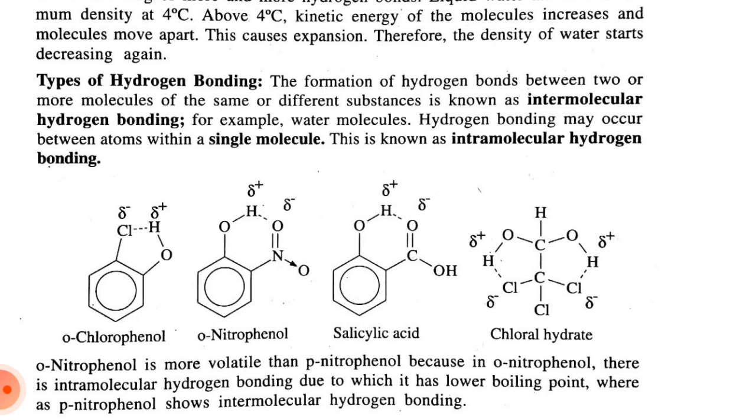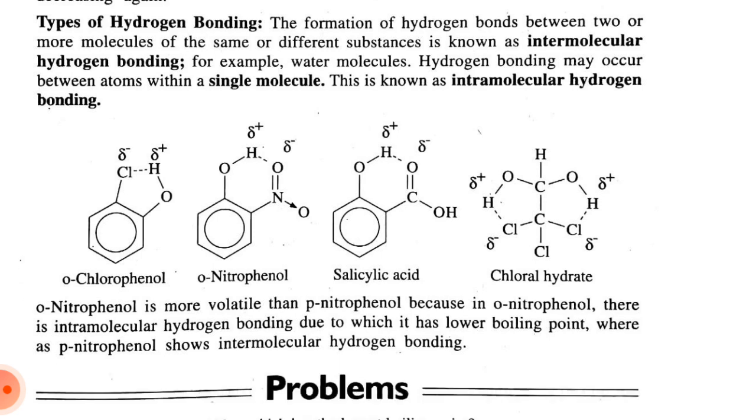Examples: o-chlorophenol, o-nitrophenol, salicylic acid, chloral hydrate. O-nitrophenol is more volatile than para-nitrophenol because in o-nitrophenol there is intramolecular hydrogen bonding, due to which it has a lower boiling point, whereas p-nitrophenol shows intermolecular hydrogen bonding.